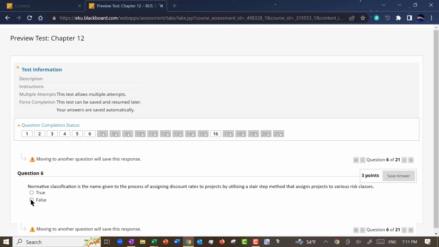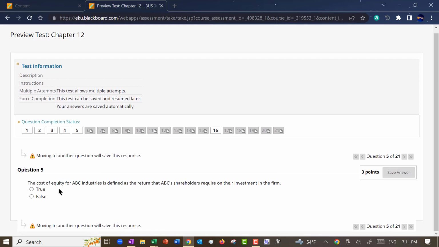Don't remember this. I'm going to say false, but you can read it in the book. That is the definition of cost of equity.